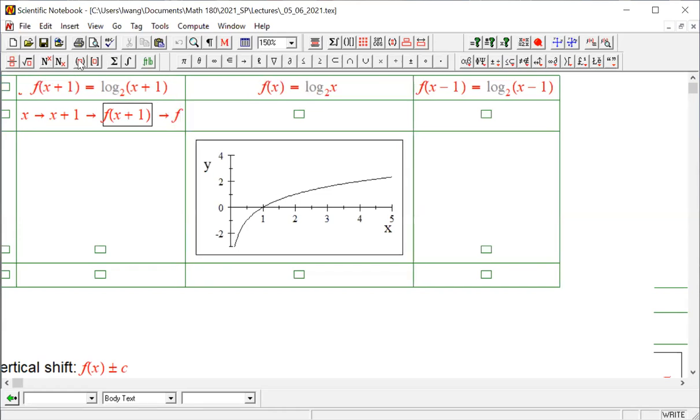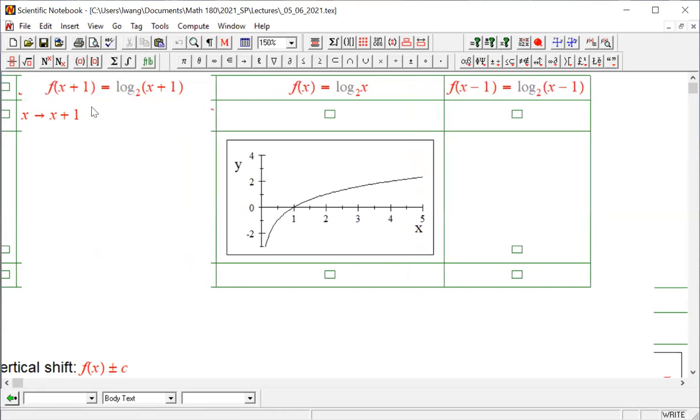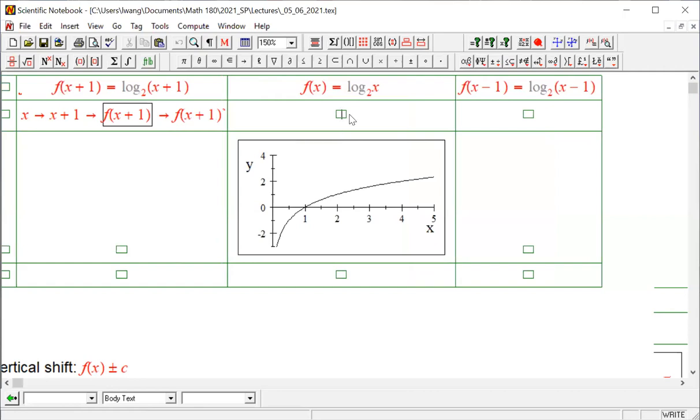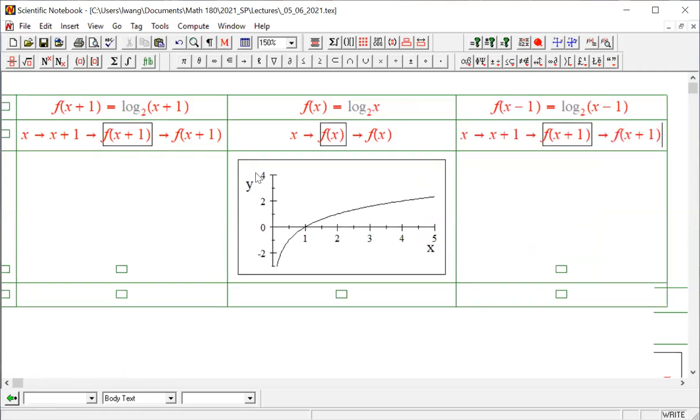Okay, so with that understanding, with this function, we don't need to do this x plus 1. So this is just that. For minus 1, this is going to be minus 1.